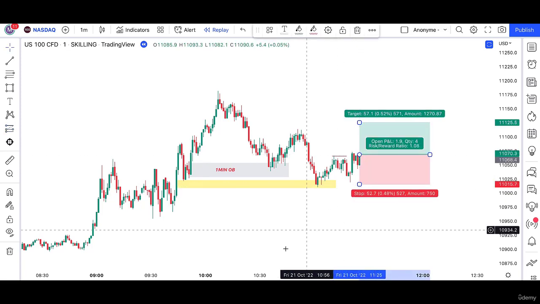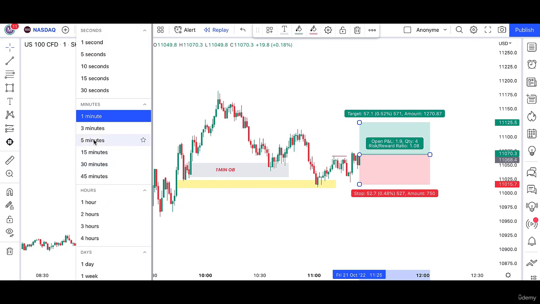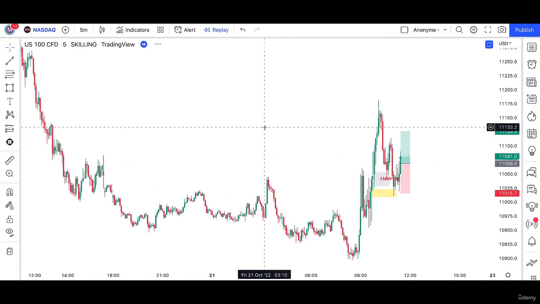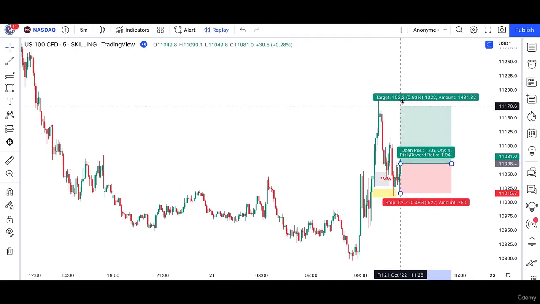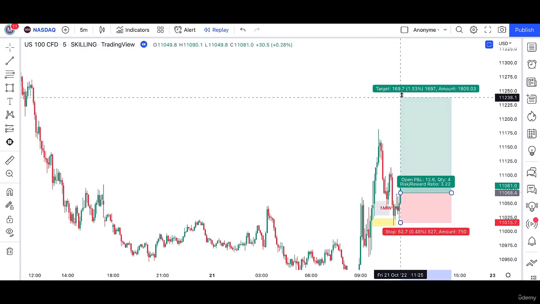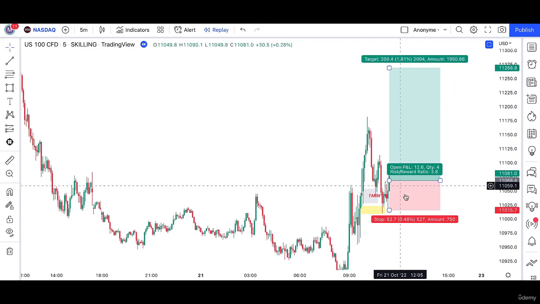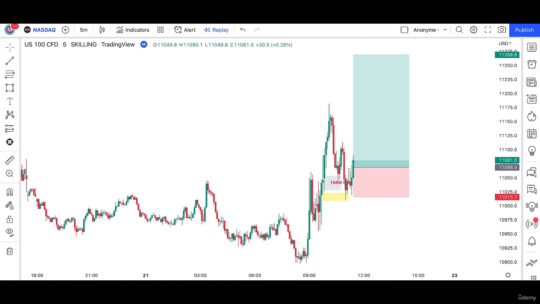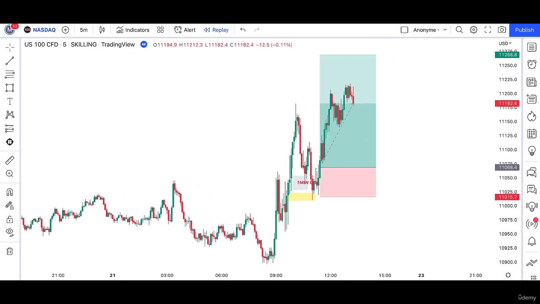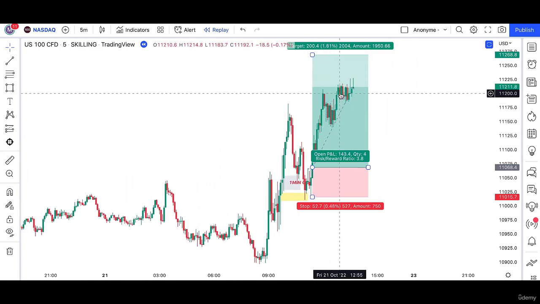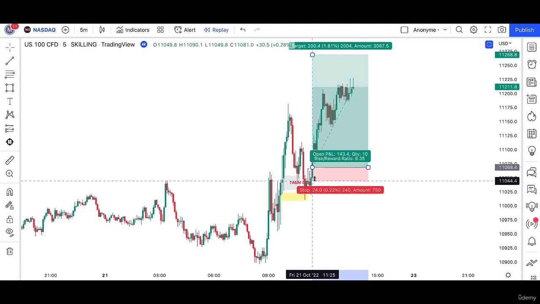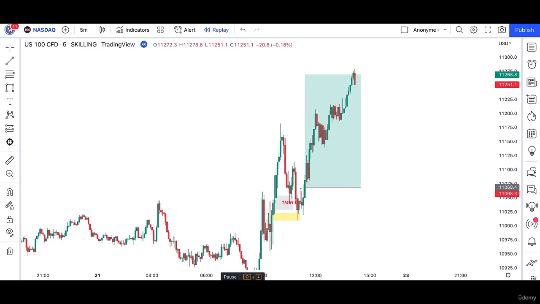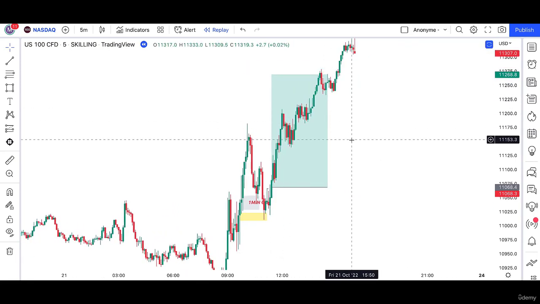I put my stop loss below the order block, and for the target, I'll target this buy-side liquidity level. After making this retracement and breaking the structure again, I'll place my stop loss to break even. And my target is hit.